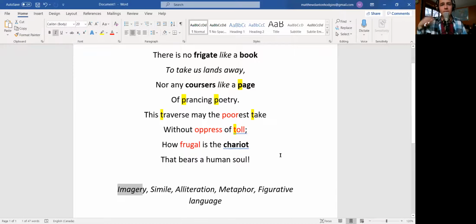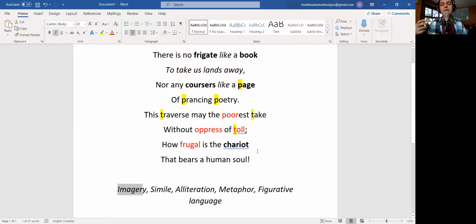You're picturing prancing poetry, right? Like horses running off through open fields. You're picturing a battleship out at sea with wind in its sails, carrying it along the waves, right? You are picturing the poorest of people trying to have these experiences, and they can have them through the beauty of storytelling in the form of books.